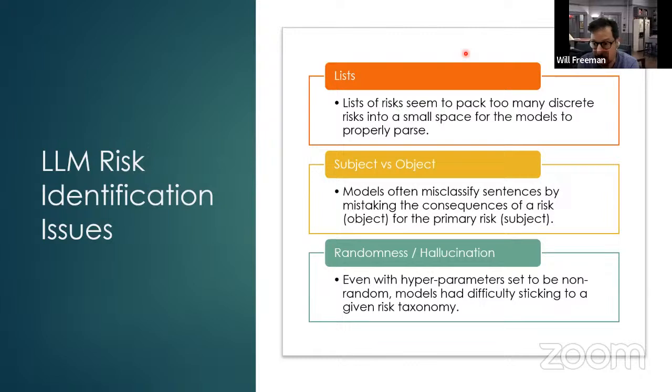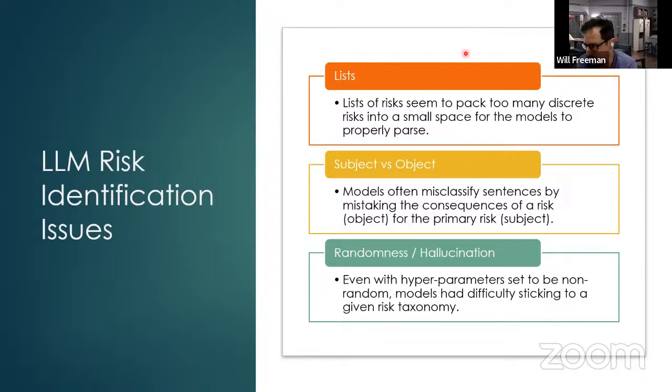I don't understand precisely why this was a problem, but it was very clear that it was something they didn't deal well with. They also had problems where a lot of the text would say, okay, the company faces a risk of loss of shareholder confidence, and then the results of this risk will be all these financial outcomes, right?